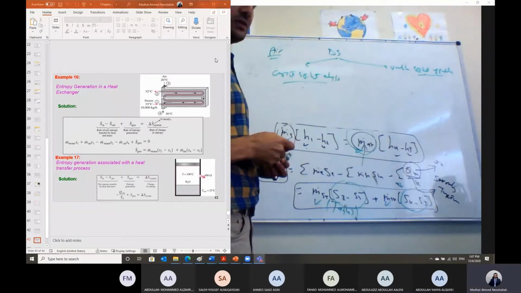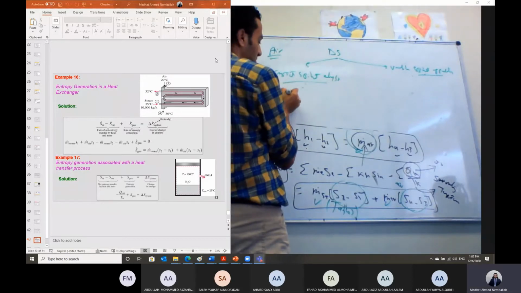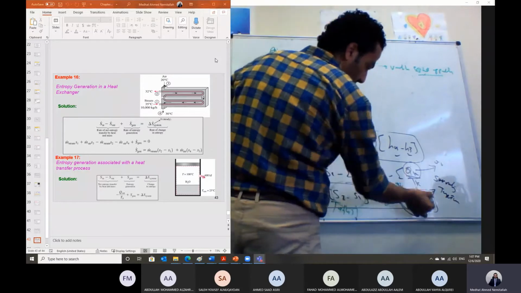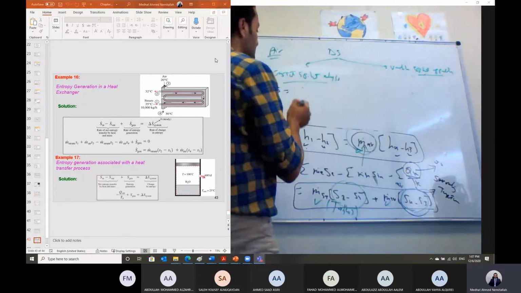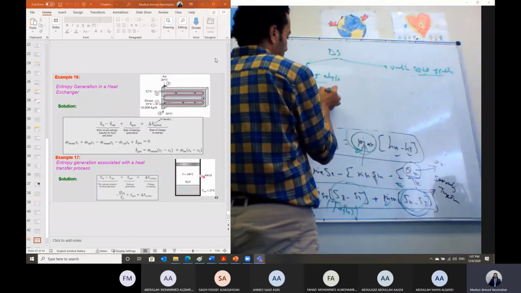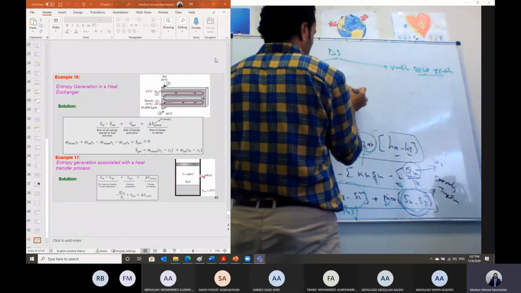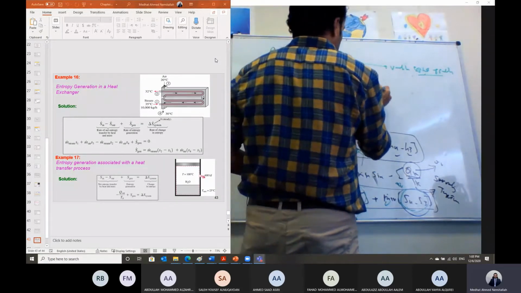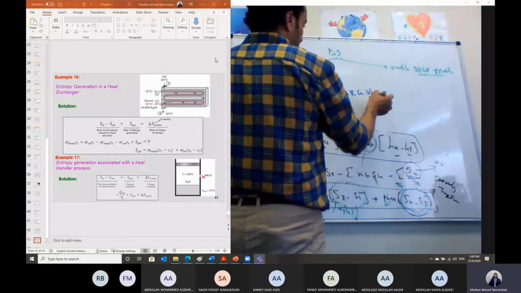For the constant specific heat, we have two equations. We can say delta S, which in this case is S4 minus S3, is equal to Cp average ln T2 over T1 minus R ln P2 over P1. Or we can use the other equation as a function of the specific heat at constant volume: Cv average ln T2 over T1 plus R ln V2 over V1.